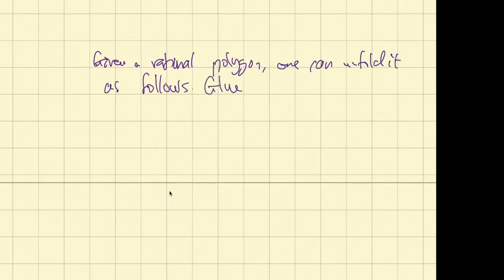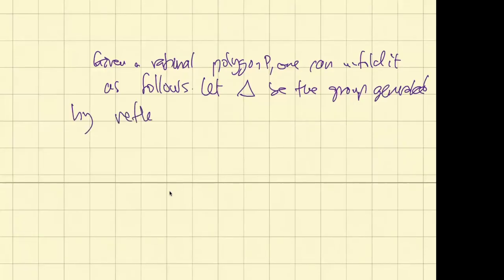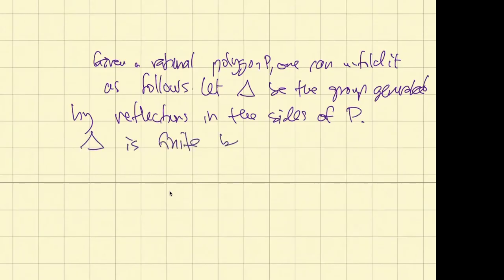Let's call the rational polygon P. Define a group: let delta be the group generated by reflections on the sides of P. Delta is finite because P has rational angles.